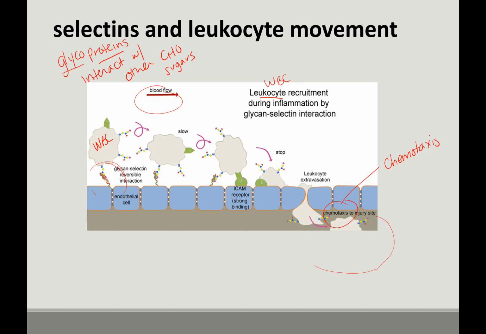And so this white blood cell is producing these sugars, and we've got selectins on the endothelial cell, and so the white blood cell rolls and interacts and rolls and interacts, and it's an interaction that's not permanent but strong enough to keep it from being swept away in the blood. And then when it finally interacts with like an ICAM or an integrin, it becomes more stable, and so now the white blood cell stops moving, and now it can go squeeze between that endothelial cell layer and go help at the site of injury.